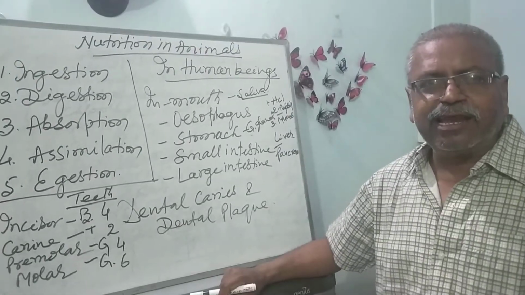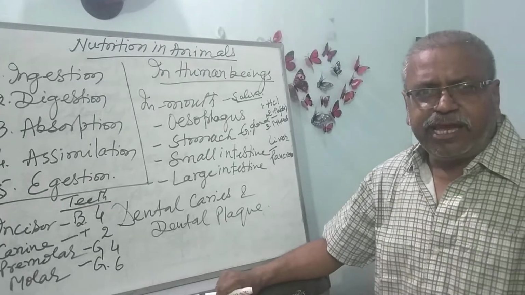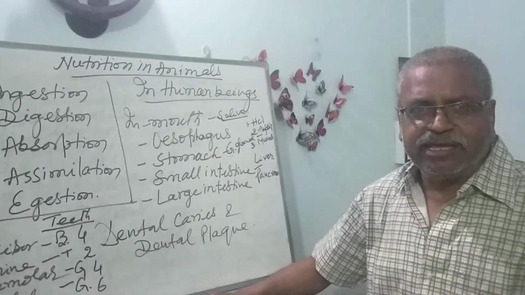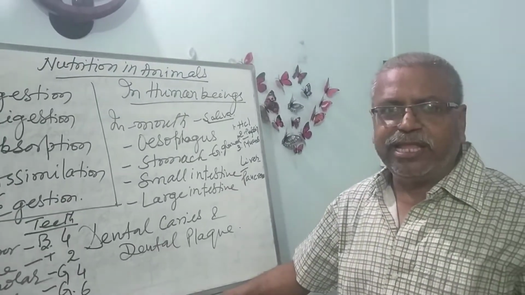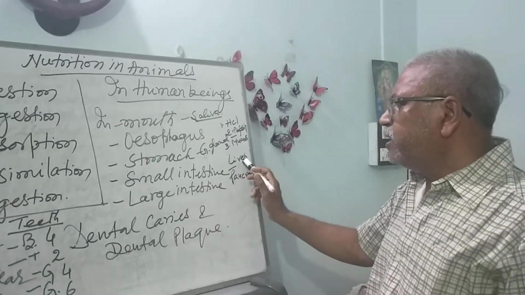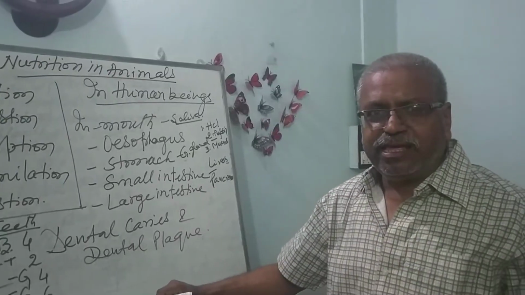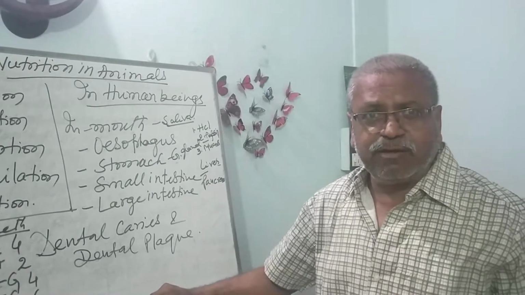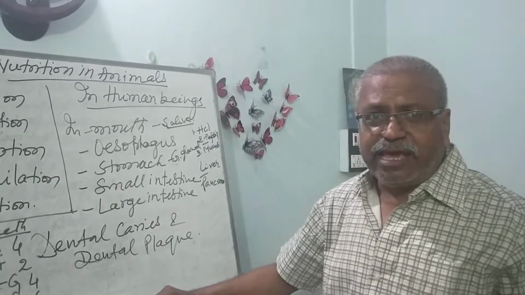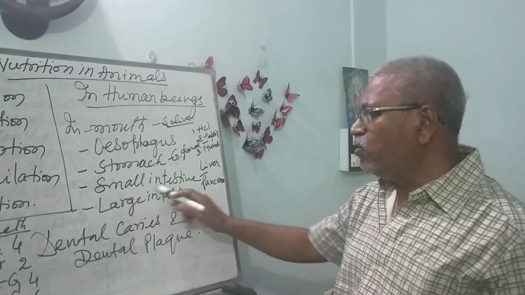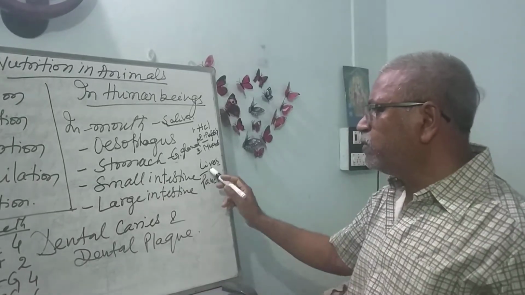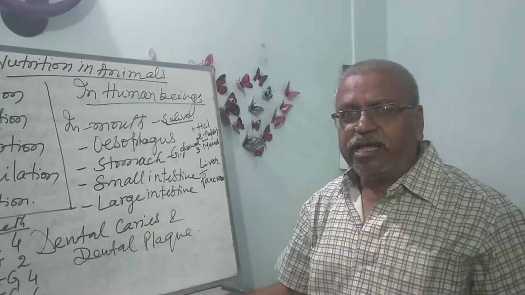Bile is an alkaline, yellowish green fluid which contains bile salt. This bile is stored in gallbladder, and from gallbladder it reaches the small intestine, but the source of secretion is the liver.